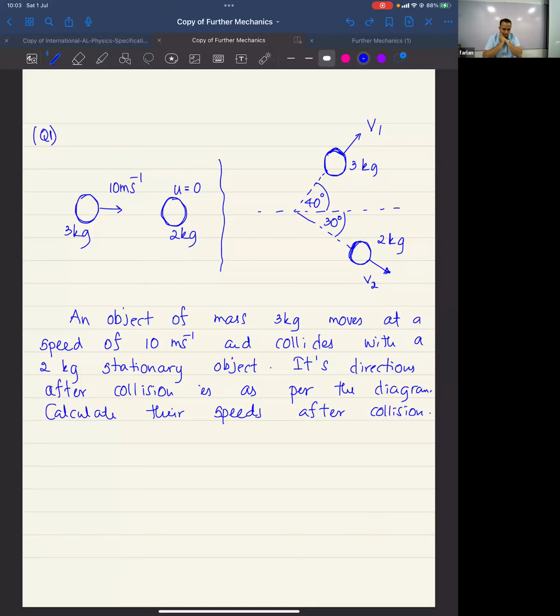Full stop. Its directions after collision are as per the diagram. Full stop. Calculate their speeds after the collision. Guys, read the question, I will do it.